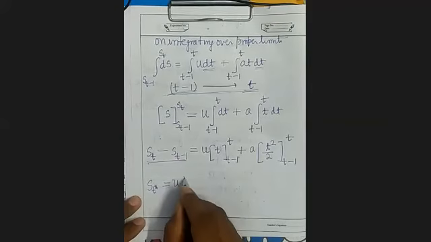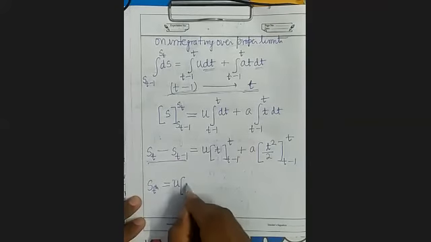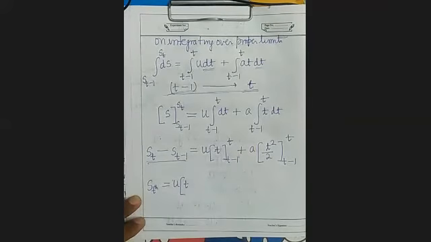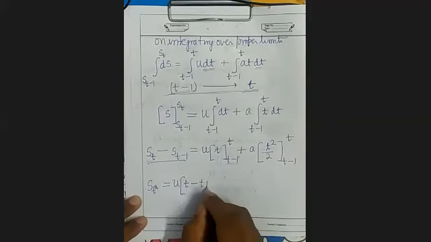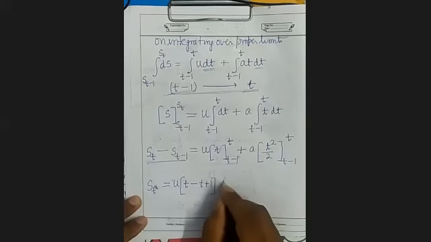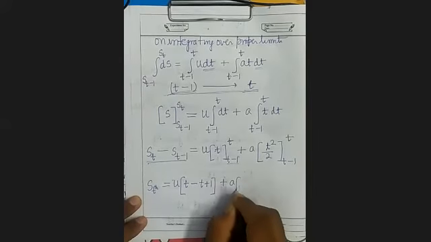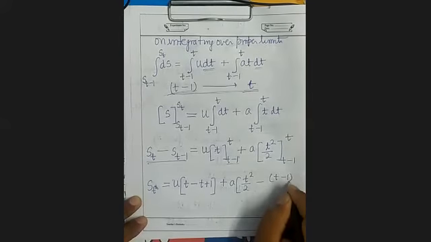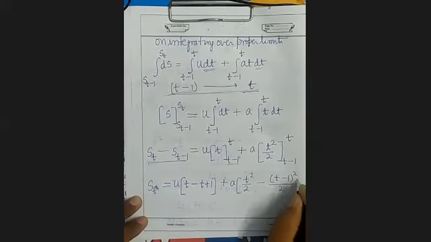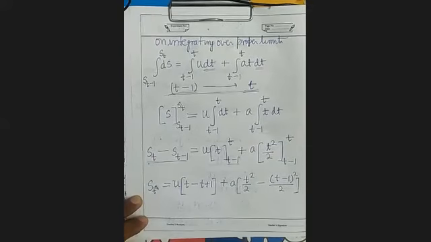S_t^th equals u times its value at the upper limit minus value at the lower limit. When we subtract, the signs will change. Value at the upper limit, t square upon 2, minus the lower limit.